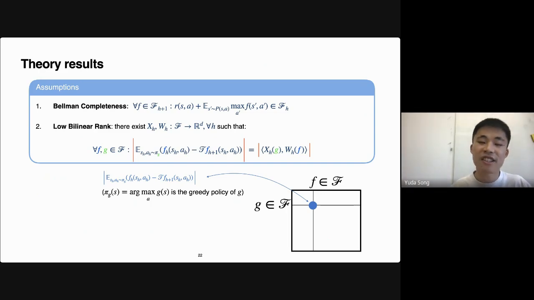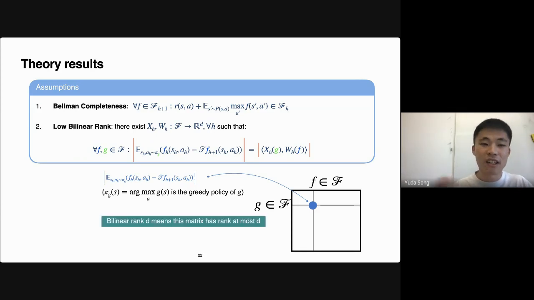Each element in this matrix is the absolute value of the expected Bellman error of function 1 under policy 2. We say you have low bilinear rank, say bilinear rank d, if this huge matrix only has rank d. Okay, I hope this makes sense.